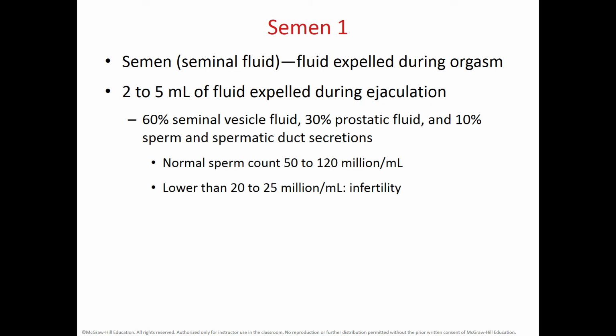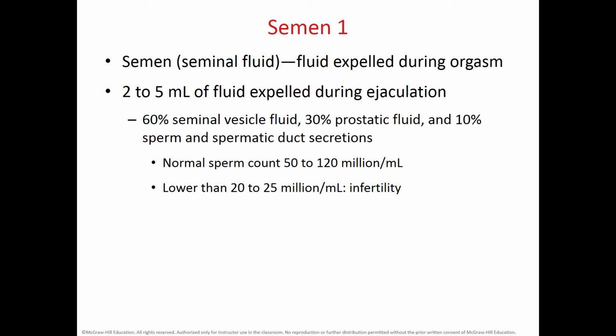Semen is seminal fluid that is expelled during orgasm, and the volume of semen can range between 2 to 5 milliliters. 60% of the fluid comes from the seminal vesicles, 30% from the prostate gland, and 10% from the sperm and other spermatic duct secretions.